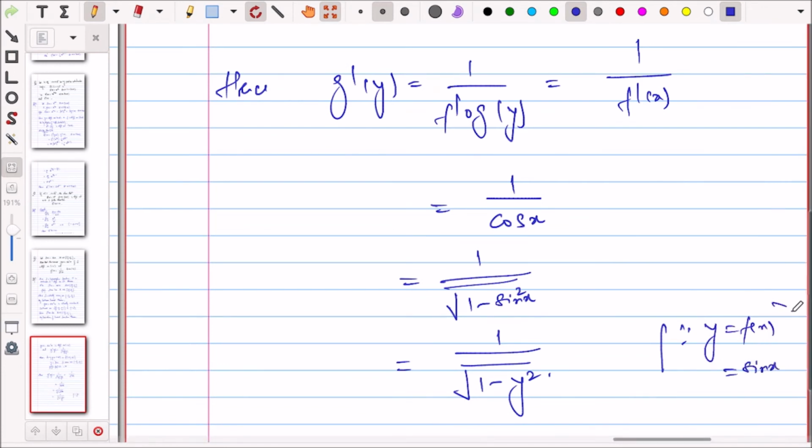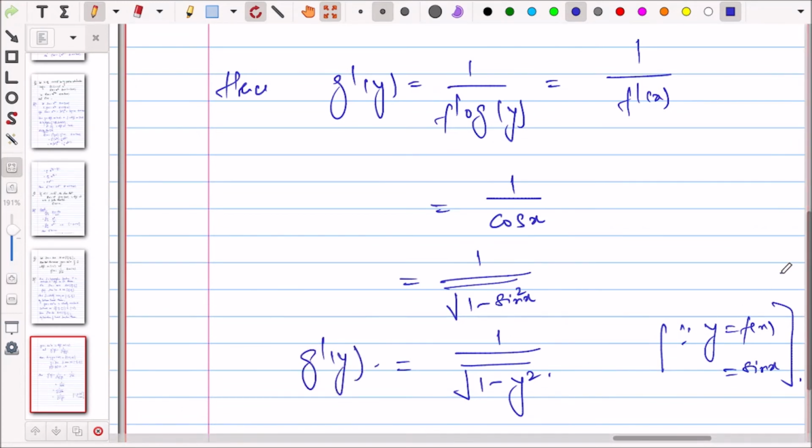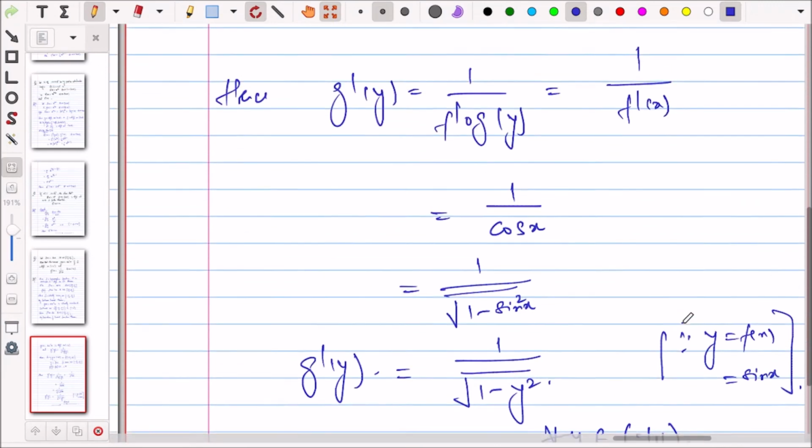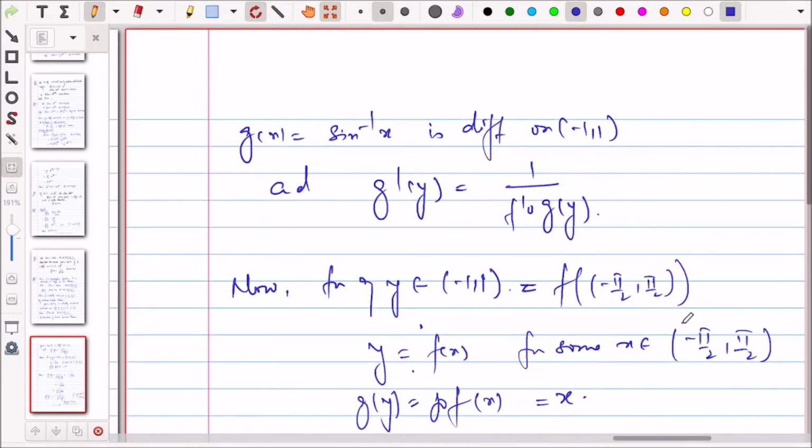Fine, is it fine? So this is how you get this formula, okay, so for all y belonging to minus 1 to 1. The whole process has to be done this way, not that you directly write the formula for differentiation of sine inverse. You have to bring this g(y) into the form of this f, because only then will you be able to apply f dash. Is it fine?